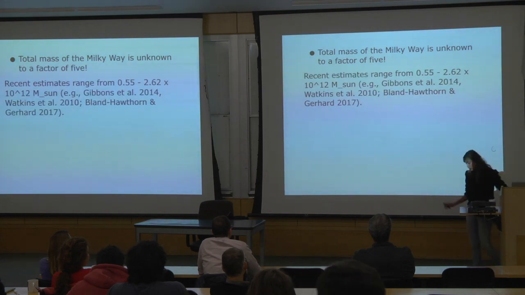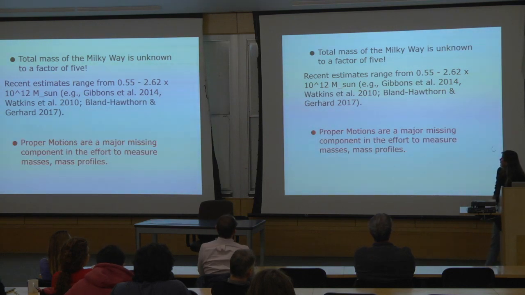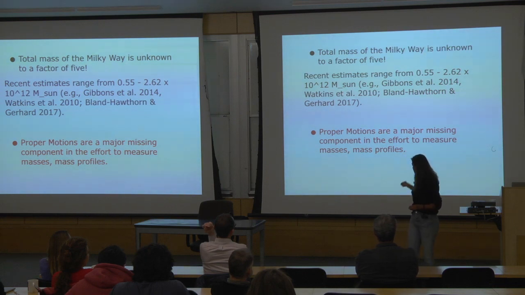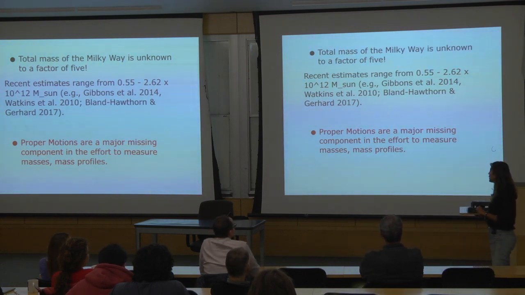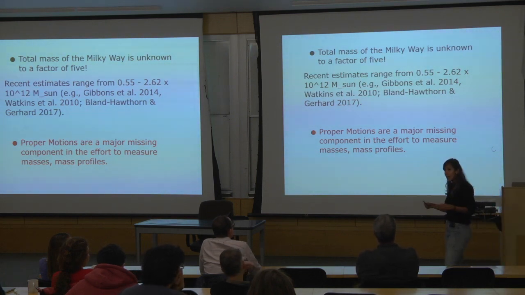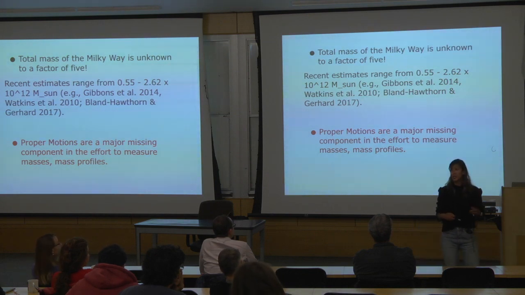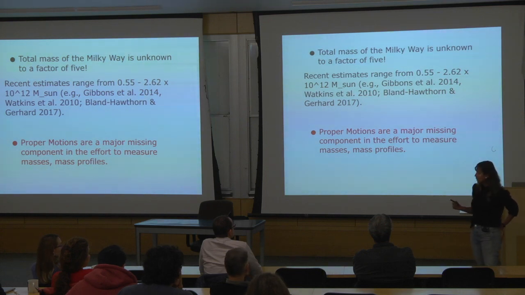A major issue in measuring Milky Way mass is this missing velocity component, which in astronomy we call the proper motions. Basically, this is the tangential component of the velocity. A 3D velocity has 3 components, and the one that's relatively easy to measure is the component coming into and out of this board, known as the radial velocity or line of sight velocity.